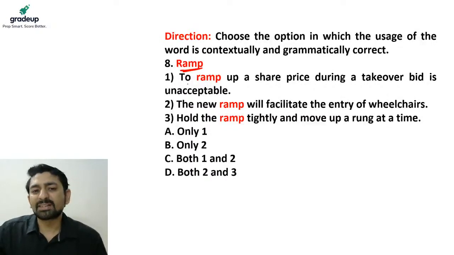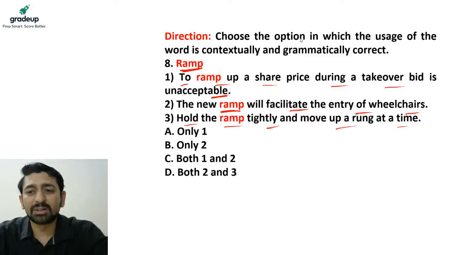Okay. So read the sentence. It says to ramp up a share price during a takeover bid is unacceptable. Second is the new ramp will facilitate the entry of wheelchairs. Third is hold the ramp tightly and move up a rung at a time. Tell me which one do you think is correct? Give you a minute for this one.